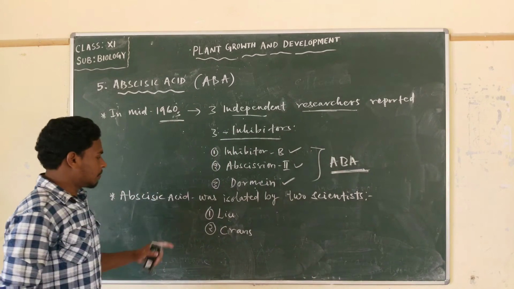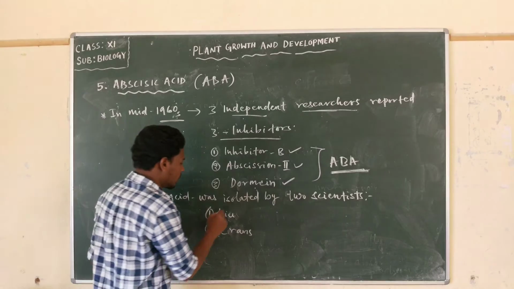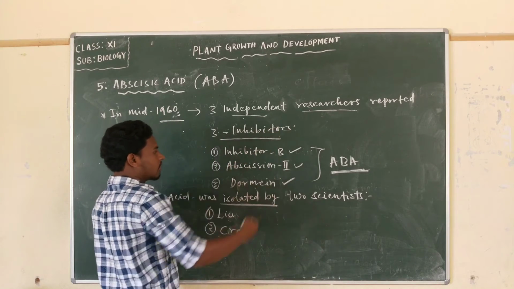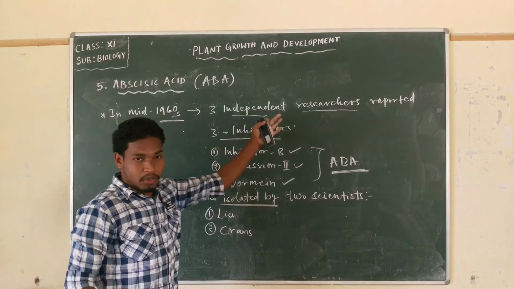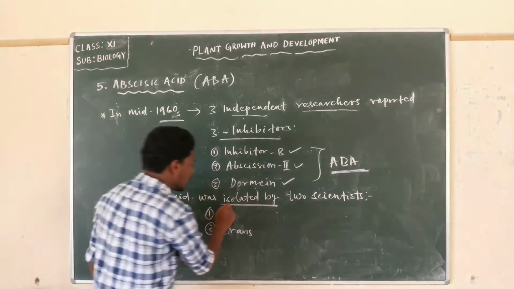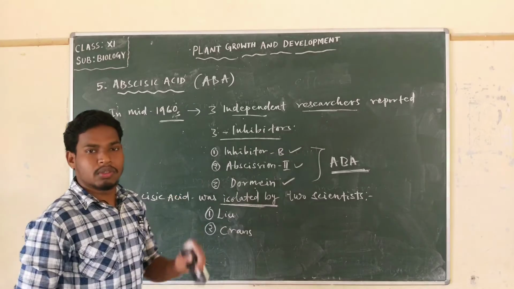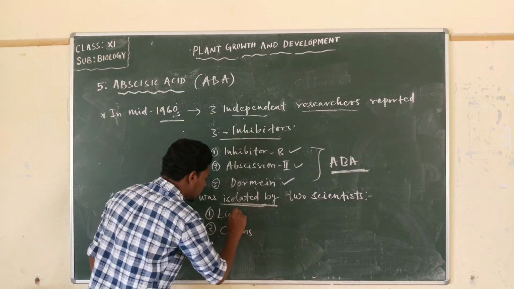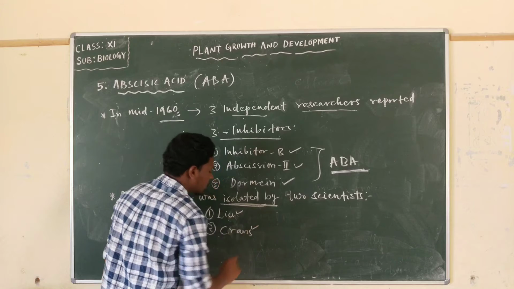And how was it isolated? These were the inhibitors reported by the independent researchers, but how were they isolated? It was isolated by two scientists. One is Liu, another one is Krebs.